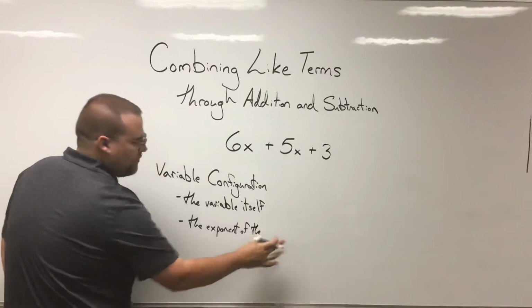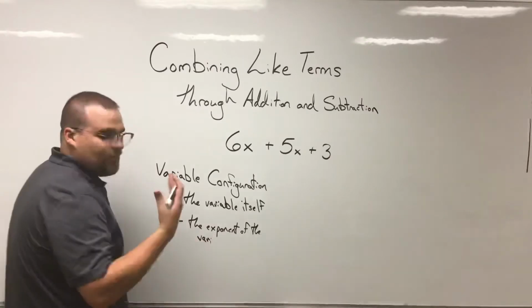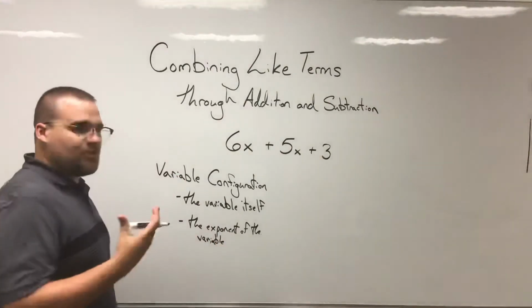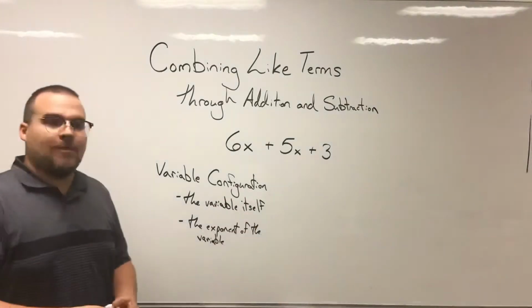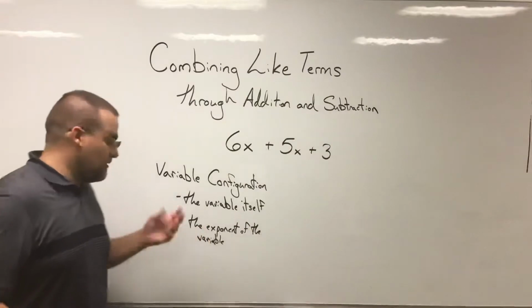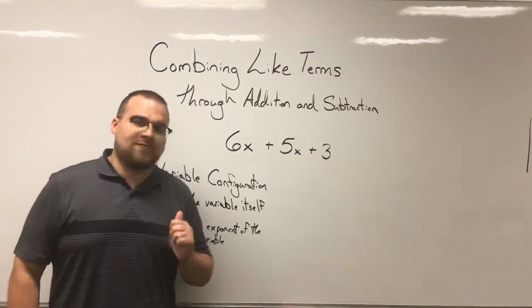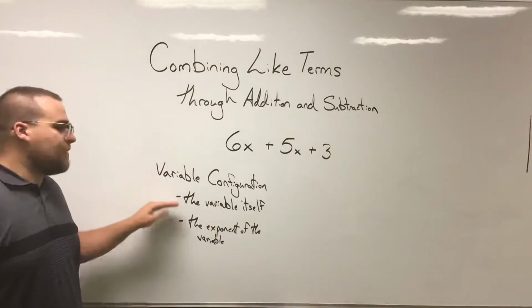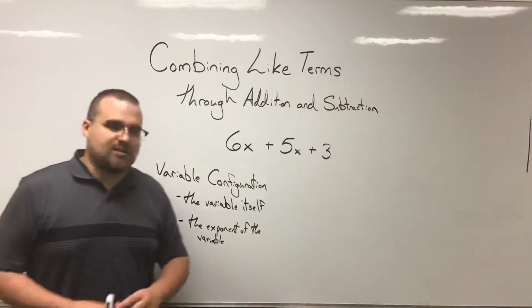So is it x to the first? Or is it x to the third? Or x to the 42nd? Something like that. For us to combine 2 terms, or more terms than that even, all of the terms that we want to combine must match on both of these factors. The variables must be the same, and the exponents on the variables must be the same.